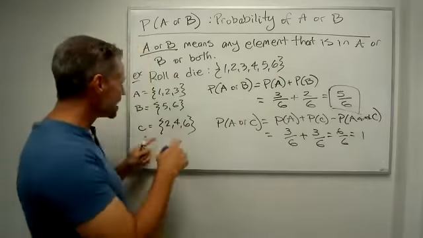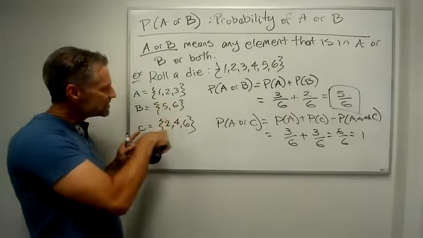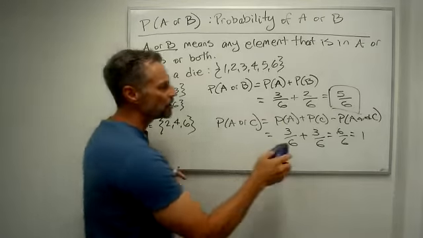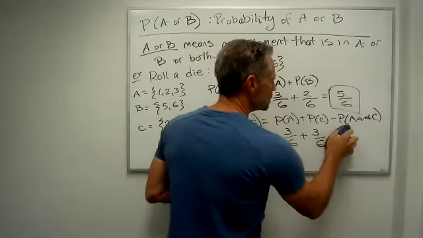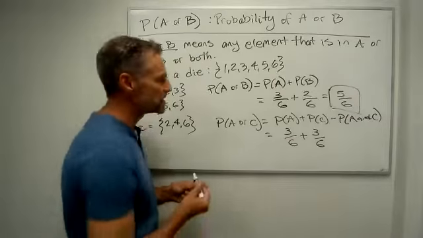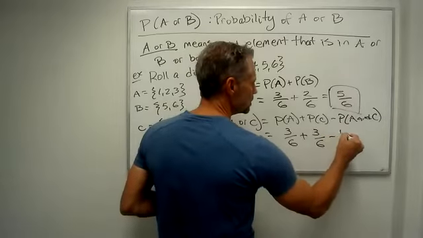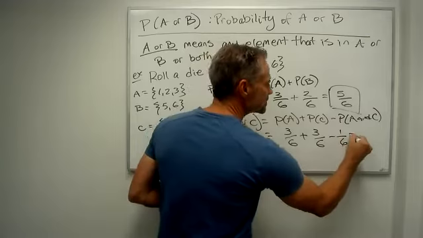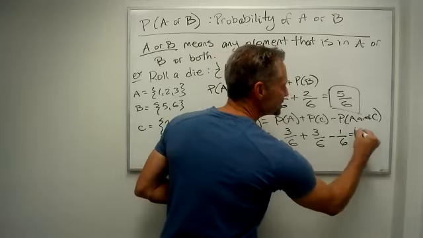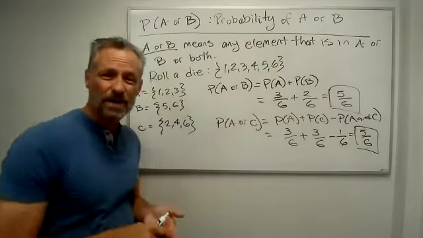That's any overlap. A and C would be the number 2, because that's what they have in common. So there is one number in there out of the 6. So it's really 5 out of 6.